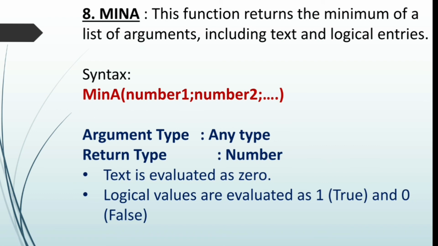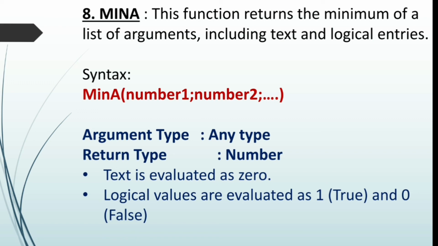The next function is MinA. It is similar to MaxA, except it computes the minimum value in place of the maximum value. This function returns the minimum of a list of arguments, including text and logical entries.